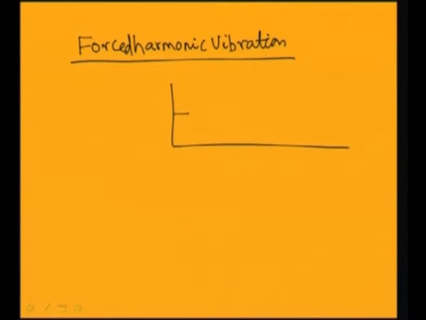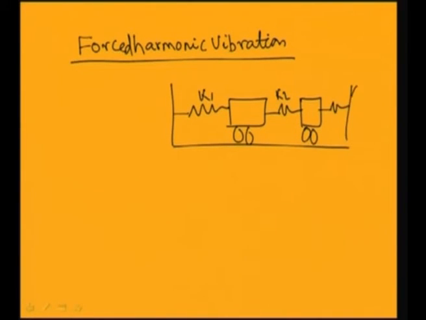So, let us take the system. This is a spring mass damper system. So, this is K1, this is K2 and I will take another spring also, this is K3. So, this is mass M1, this is mass M2, and this mass M1 is moving with a displacement x1.